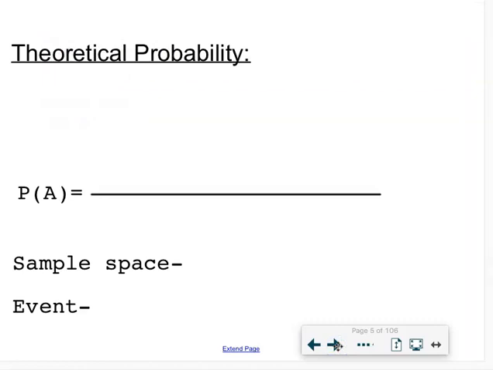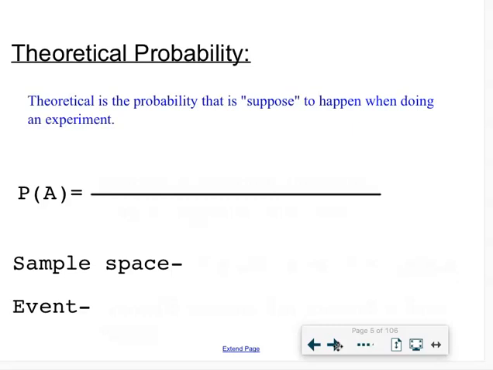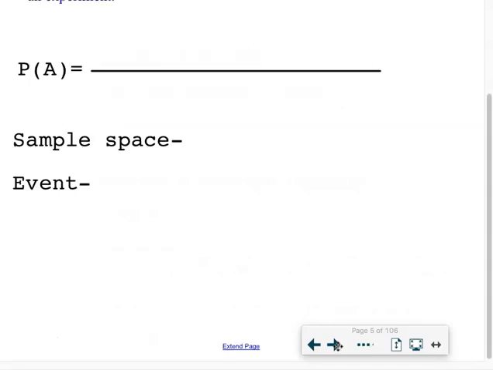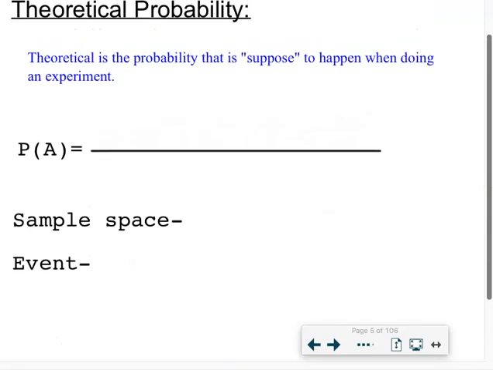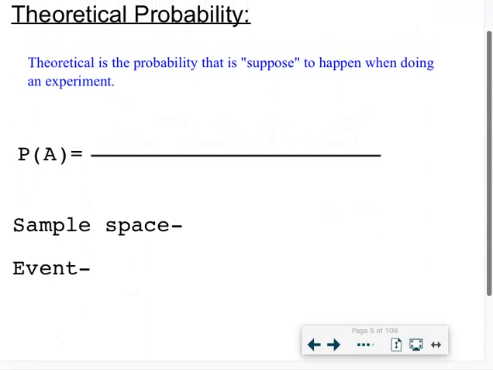We're going to use randomness with our theoretical probability here. The theoretical probability is the probability that is supposed to happen when doing an experiment. We'll talk about right here how we calculate it, but it's what we think would happen without actually doing anything.